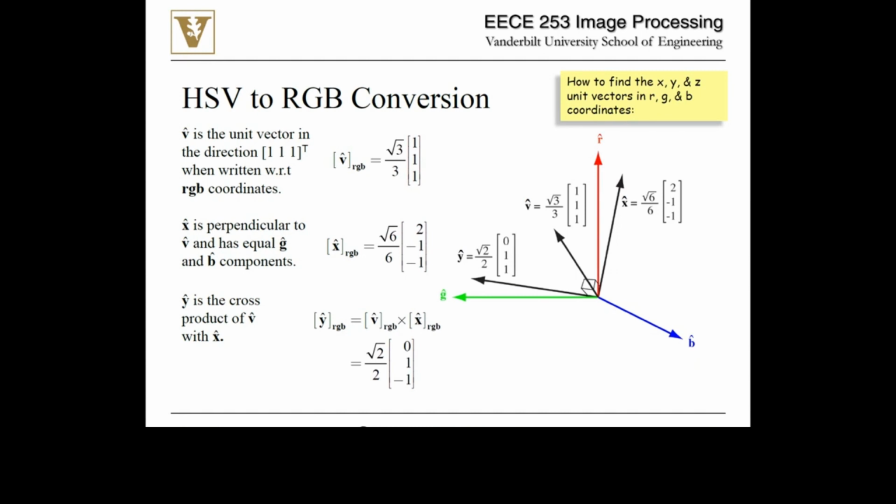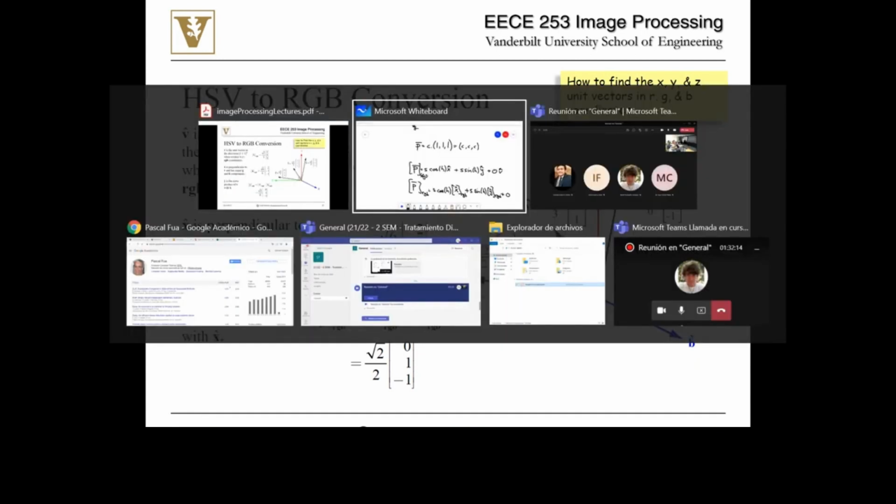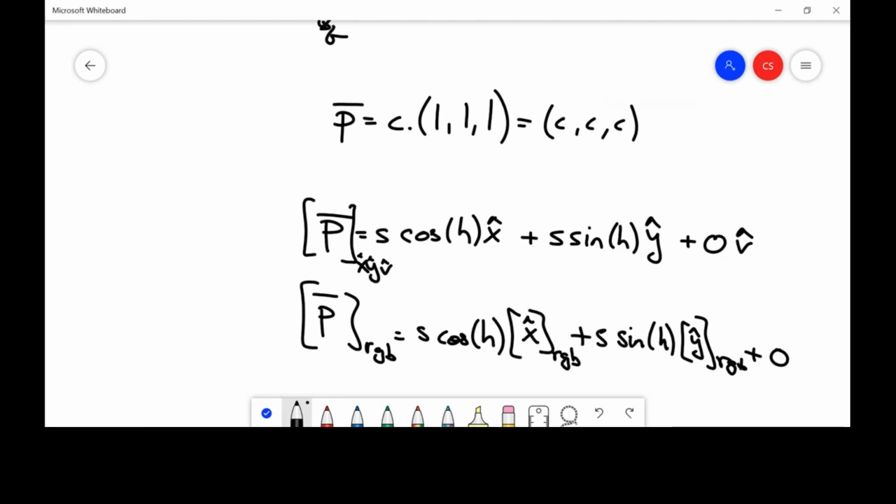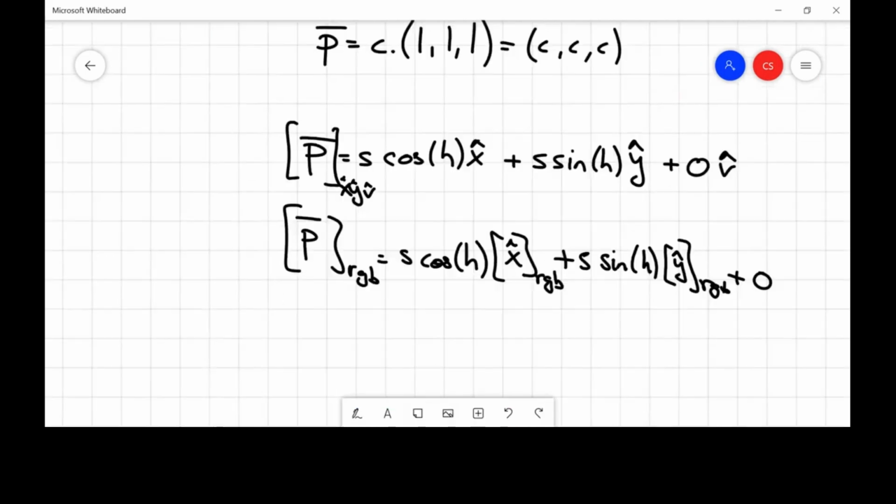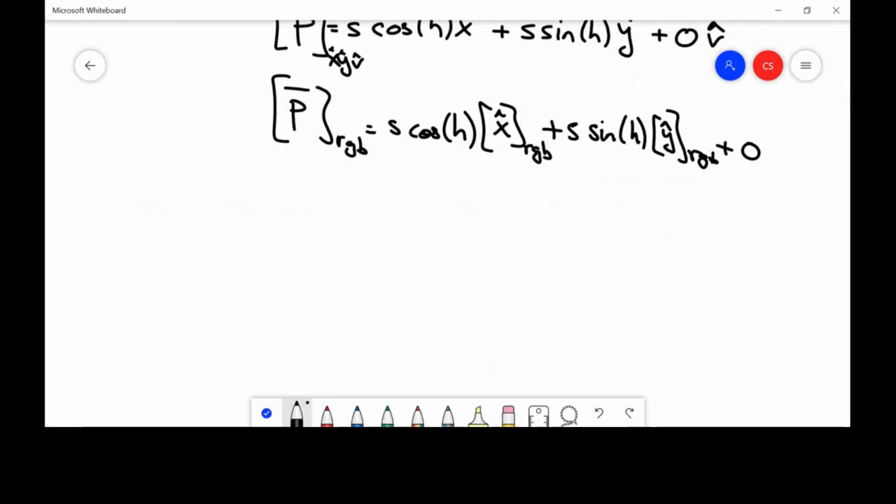Okay, so let's look at X. It is perpendicular to V and has equal G and B components. So the most red point, so let's come to here. I have V in the RGB.